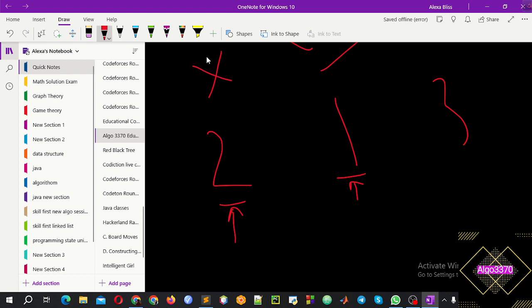So what is our true observation? If there is no element strictly less than the current element at I from the left region of this element, from position 0 to position I minus 1, then that position will not be chosen by any player.